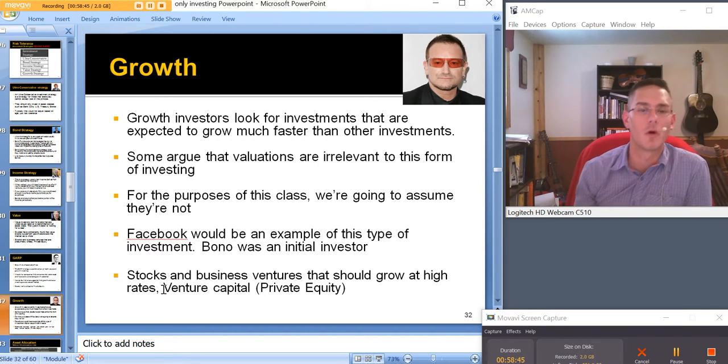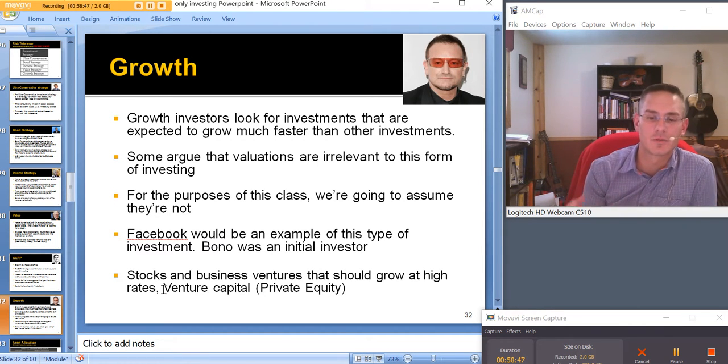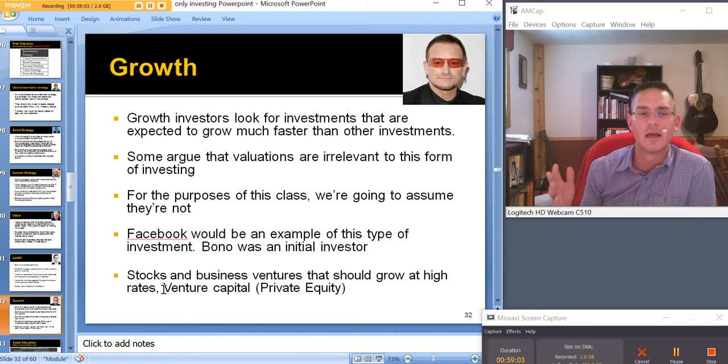Then we have growth investors. This is the highest risk type of investing. And these are investors that look for investments that are expected to grow at faster rates, grow by leaps and bounds. In that case, sometimes valuations are irrelevant to this form of investing because nobody knows. If a company like Facebook, when it first came out, nobody knew how much that would grow by.